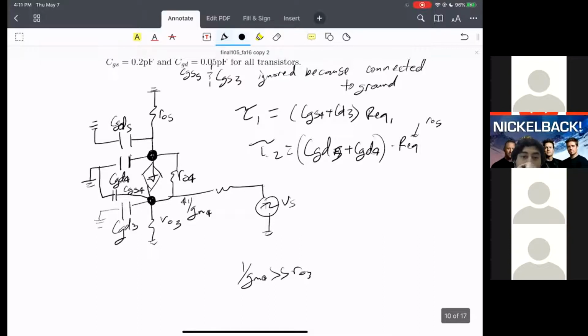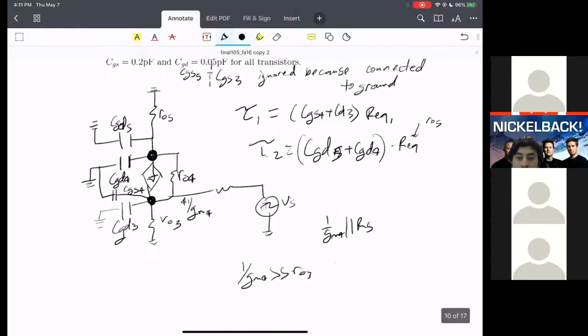So then we should have 1 over gm4 in parallel with Rs. I think that is correct. Yeah, we have to take into account Rs because they're both about the same quantity.